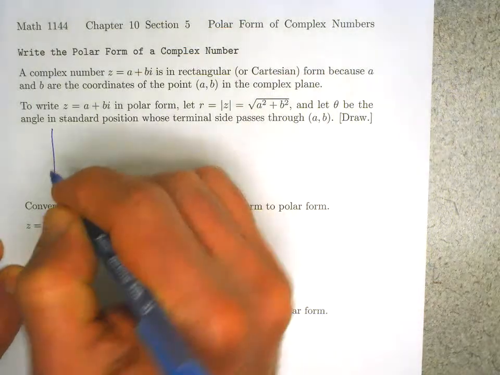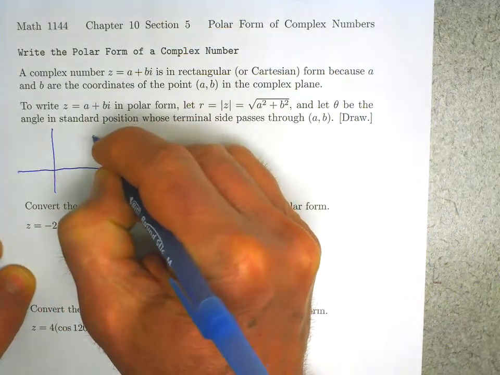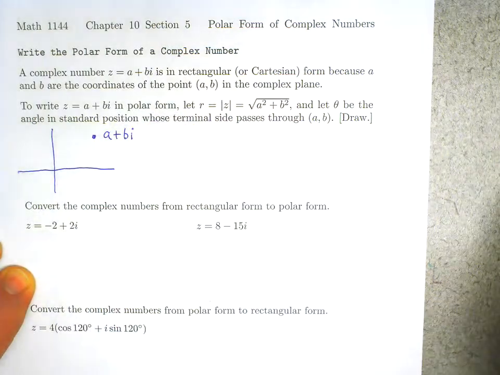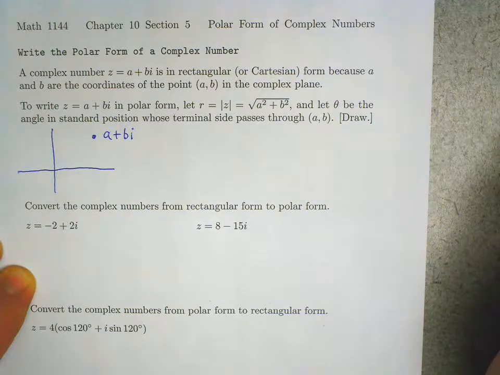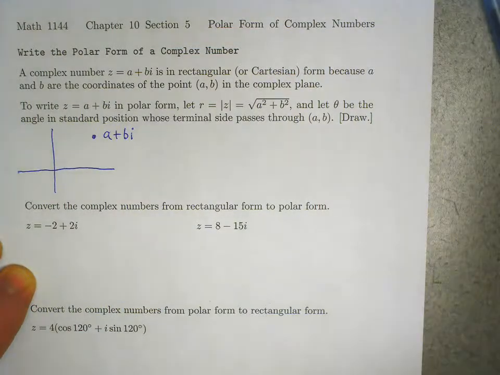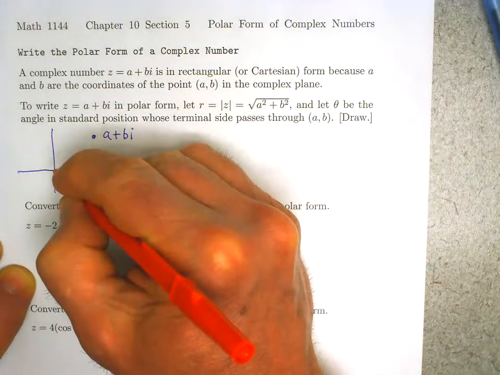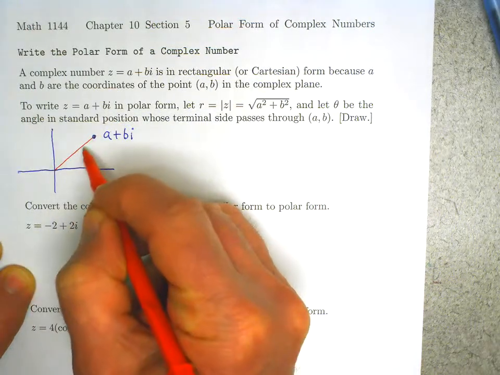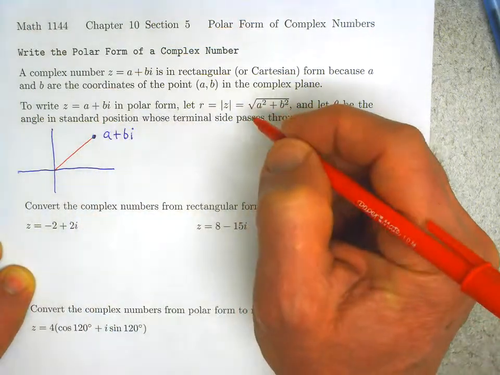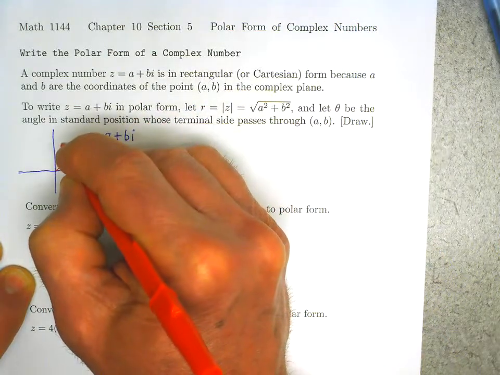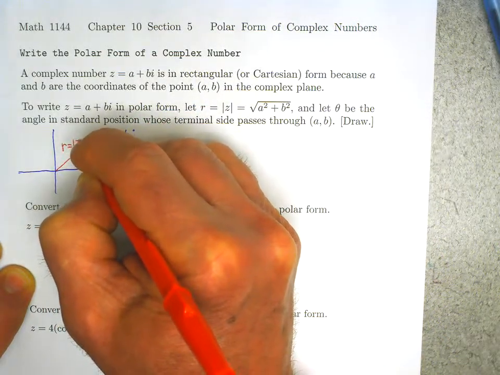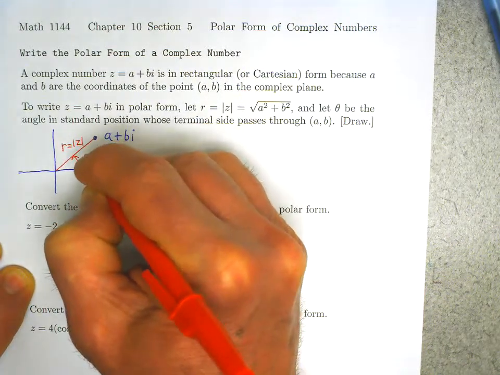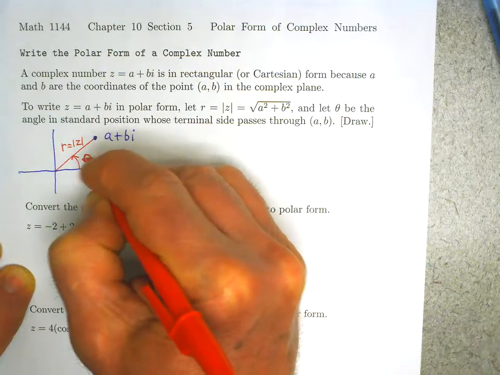Okay, so if we have a plus bi in the complex plane, then if we construct the line segment from 0, 0 to the point a, b, then r is just the modulus of z, and this is the angle theta formed from the standard position.